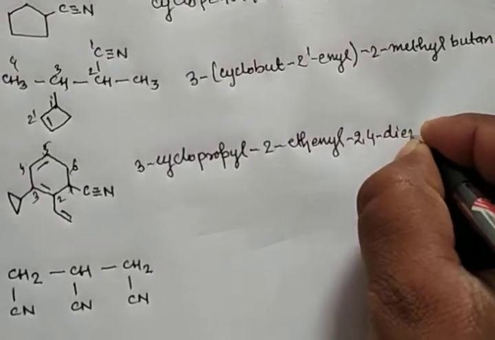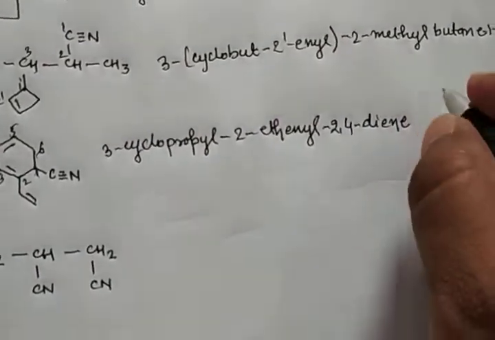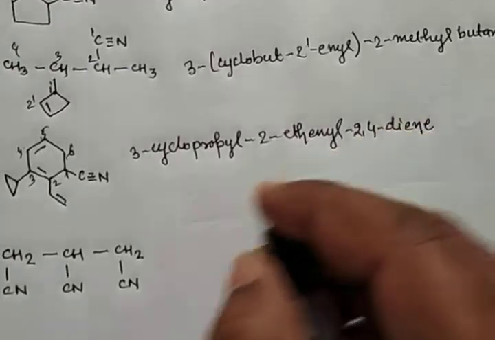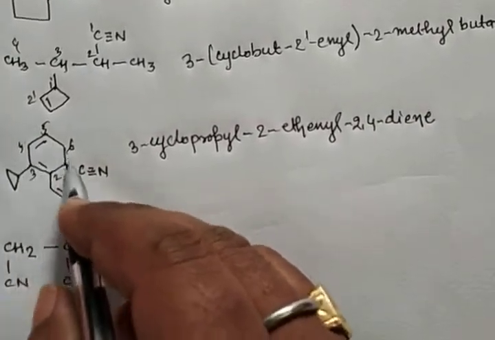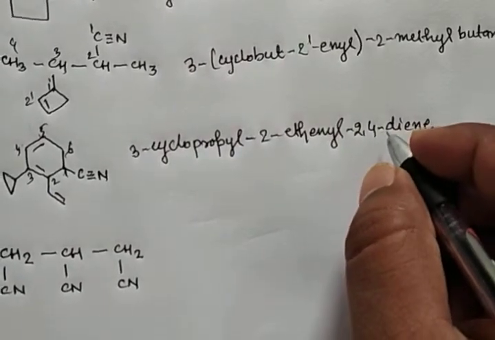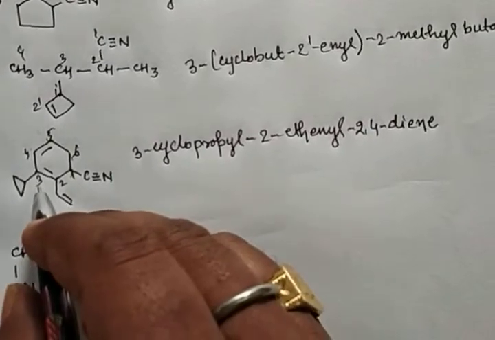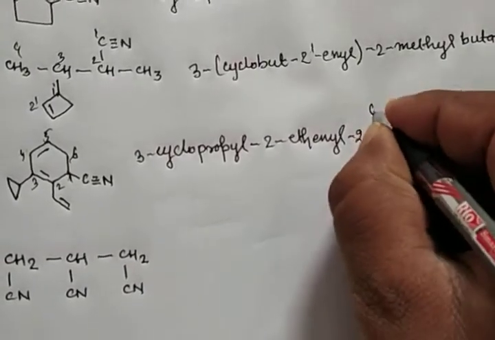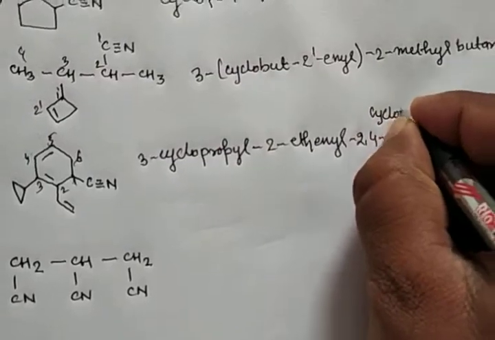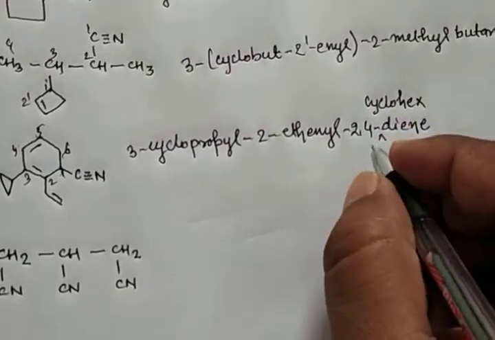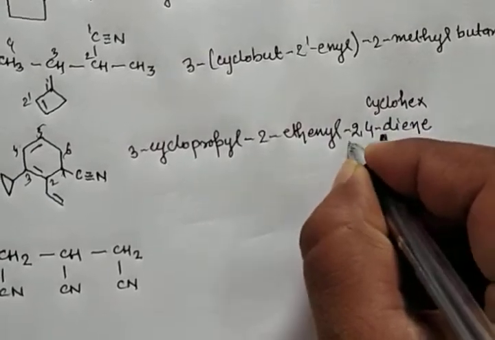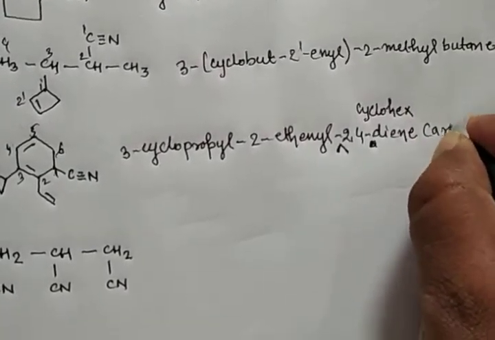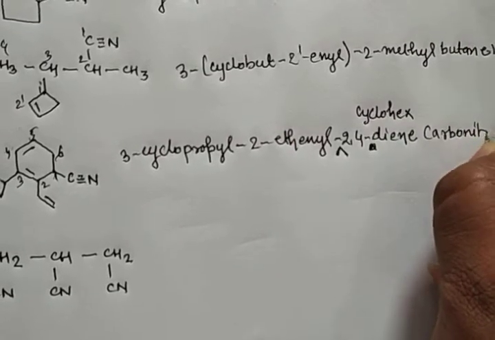It means diene, and CN is directly attached to the ring. So you write 3-cyclopropyl, 2-ethynyl, after that cyclohex-2,4-diene carbonitrile. Okay, clear?